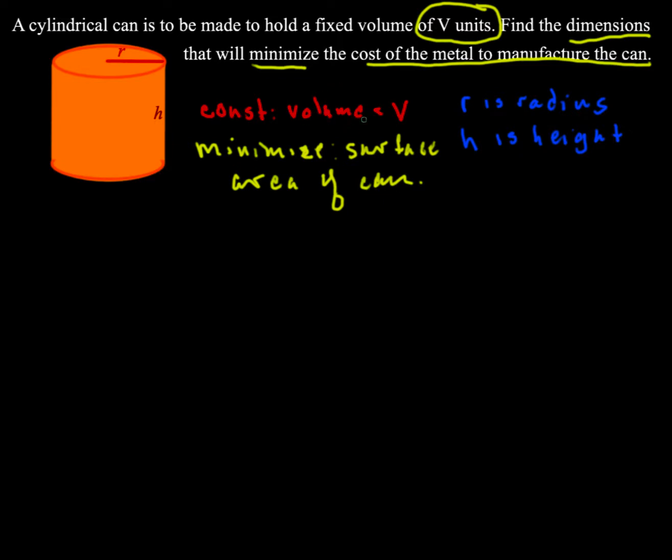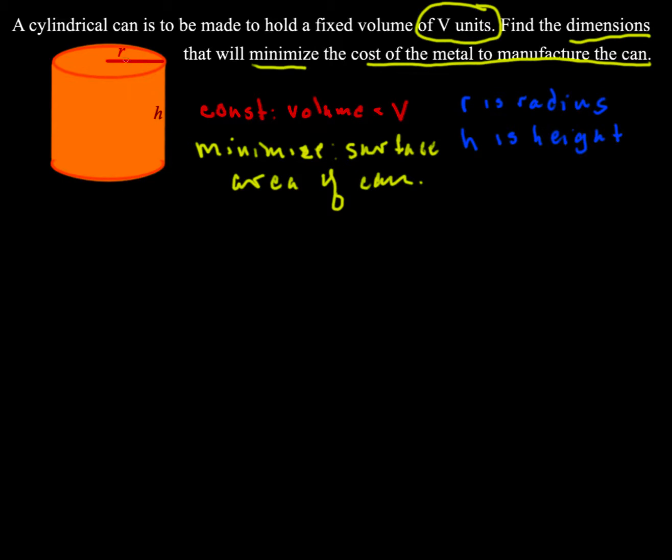We've got the constraint that the volume is fixed. r is radius, h is height. Of course, we don't have any equations yet to do calculus with. So let's start off with what is volume. The volume of a cylinder is the area of the top times the height. If we just took the area and added it all up through the height, that would be multiplying by h.